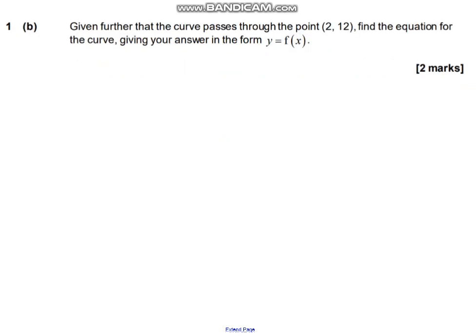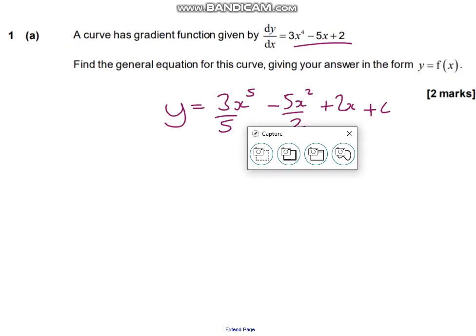Okay, for b, we're now told that our curve passes through the point (2, 12). So given what we've just got, it might help us to bring that over.